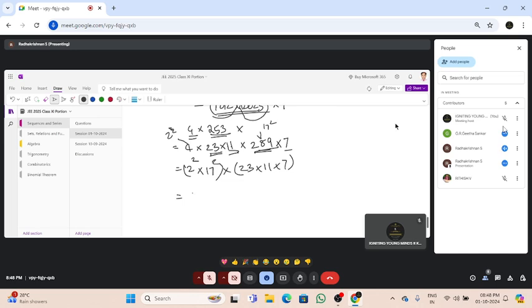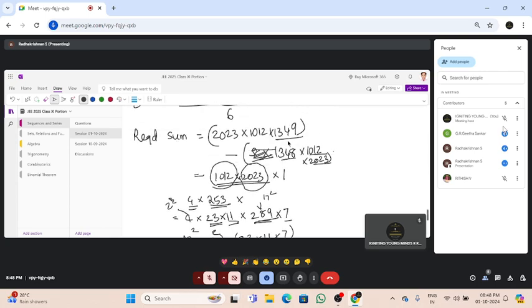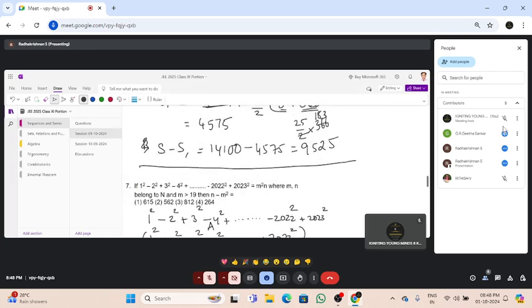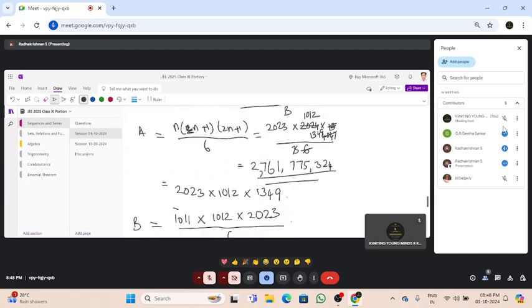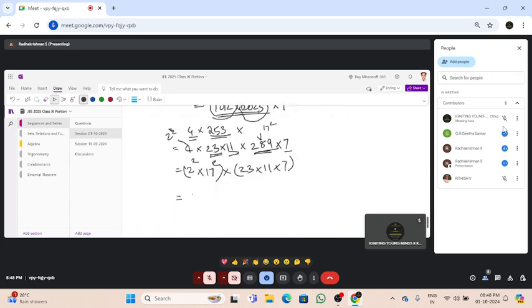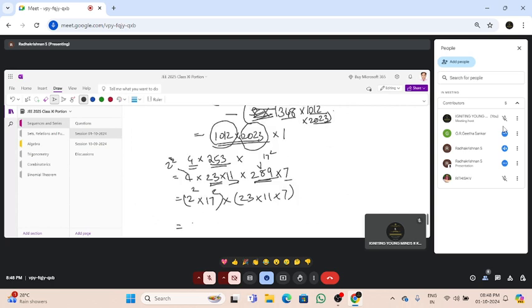Since they are saying m square into n, you can write it in many ways: 2 square into something, 17 square into something, or 34 square into something. We have to write 34, combining everything. Because m and n belong to natural numbers and m greater than 19 is what they have given. Otherwise, if you simply say write it as m square n, you can write it in multiple ways. Since they have given m greater than 19, this whole thing has to be taken as n. 34 square into the product of these.